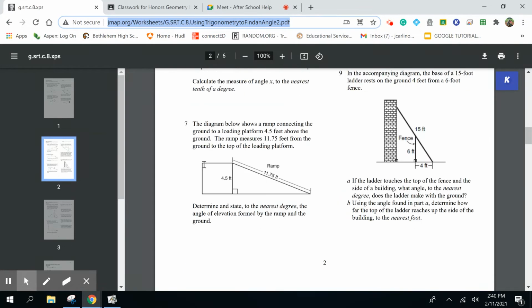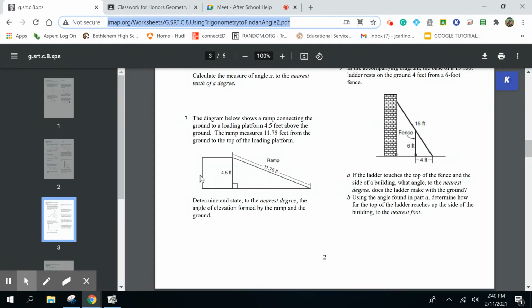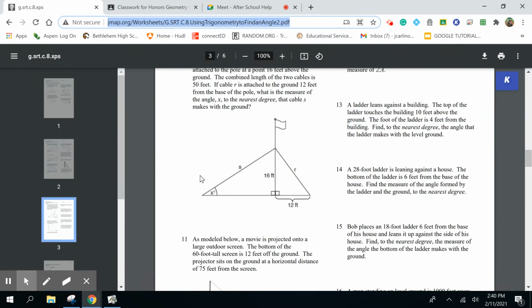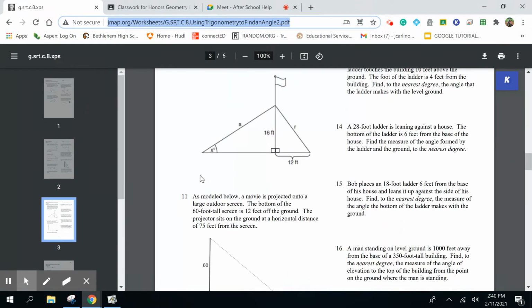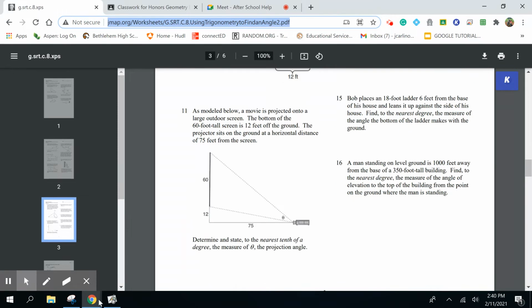Can we do an elevation one? Elevation one, sure. I just got to find one. Here you go. 16 on the same one we're working on. That says find the elevation.